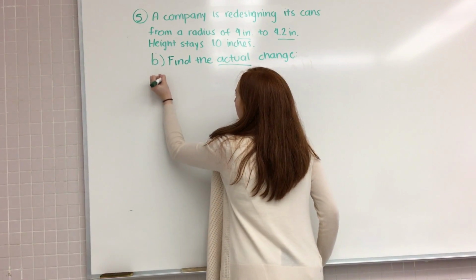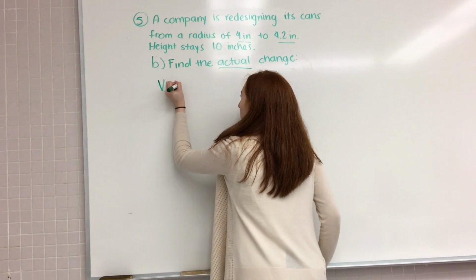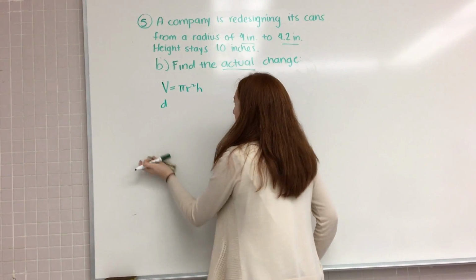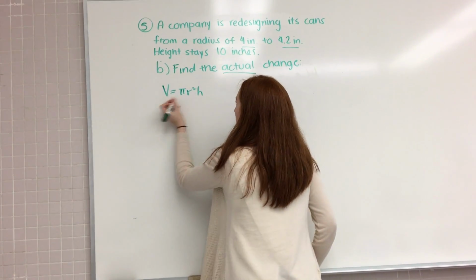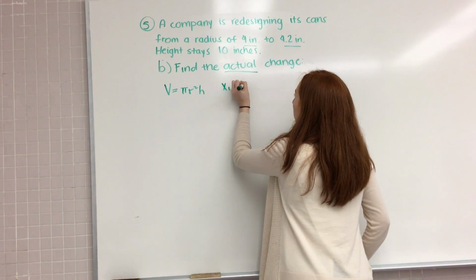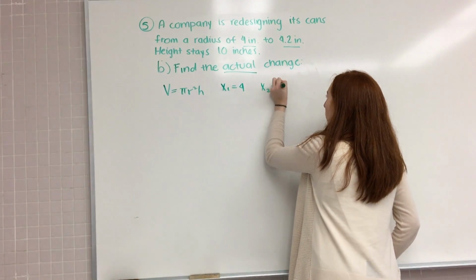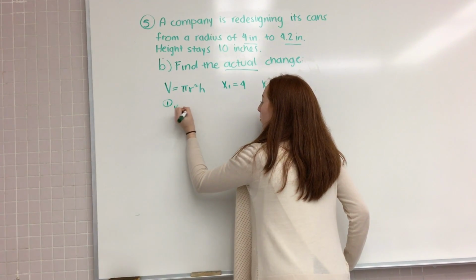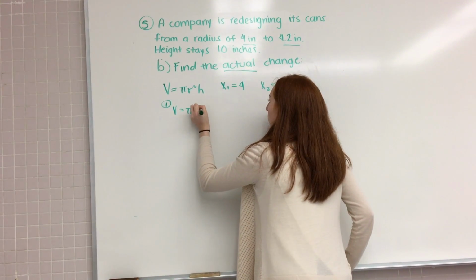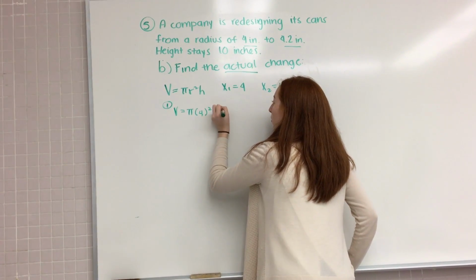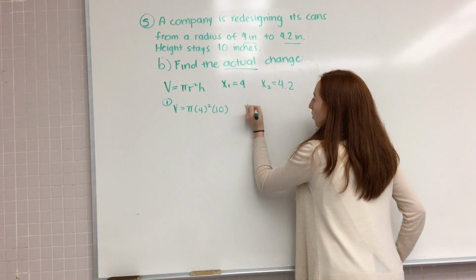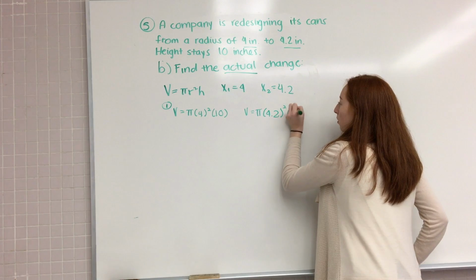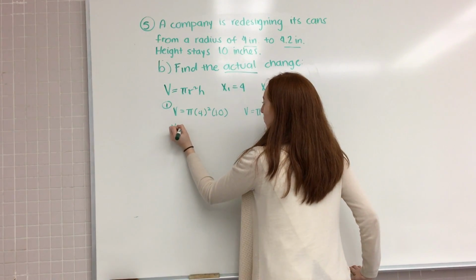Now they ask us to find the actual change. When we talk about actual change, we talk about increments, so we have to obtain our delta y and our delta x. Now the first step is we have to substitute both of our x's in the formula to obtain the volume, and then this way we can obtain the delta y by subtracting both results.